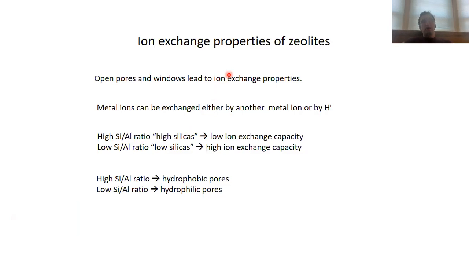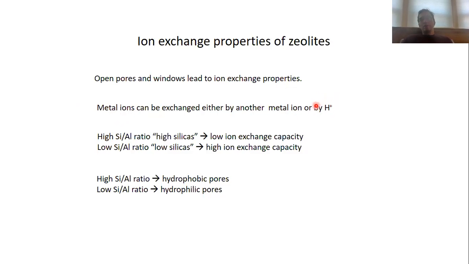These cations are small enough so that they can be exchanged within these pores by other ions. This is a result of the porosity of the zeolites in the large pore windows. The metal ions can be exchanged by other metal ions, but they can also be exchanged just by protons. In this case, we have so-called acidic zeolites.